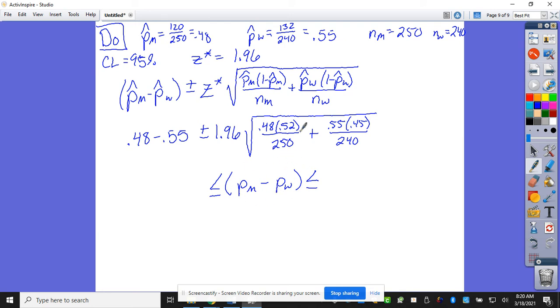This is one where I would definitely use stat test in your calculator. So stat test, we're on a 2 proportion Z test. My X1 is 120. My N1 is 250. My X2 is 132. My N2 is 240.